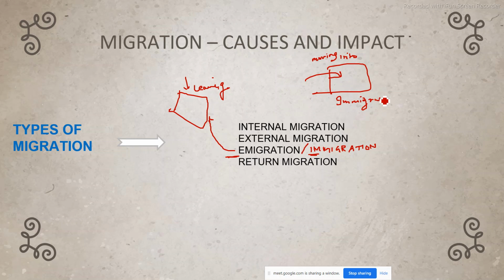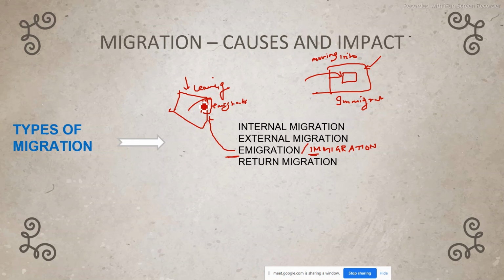For the people over here, you are coming from outside, so they will have an immigration department because you are entering here. When you are leaving your country, you will be going to the immigration department for clearance with your passport and all, because you are leaving that country. So this is the difference between emigration and immigration.